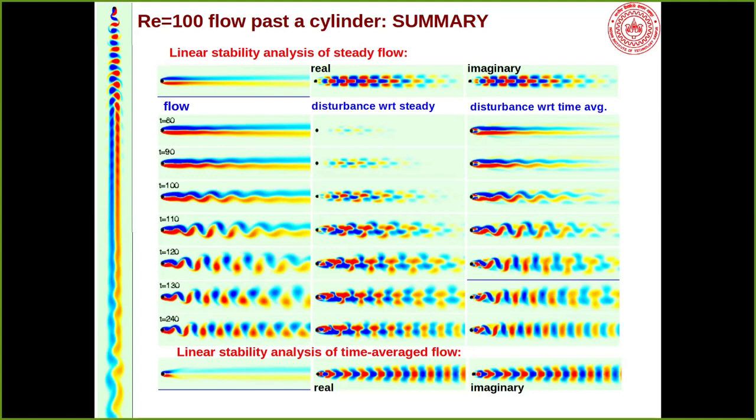If you calculate the disturbance with respect to the time average, so you subtract the time average from all these pictures, then you get this, and the final eigenmode looks very similar to the linear stability analysis of the time average flow. So depending on what you want to see, you can use these tools to understand and do some analysis.